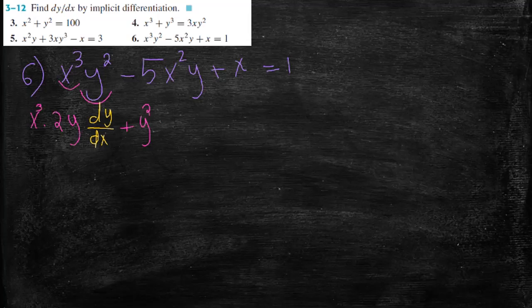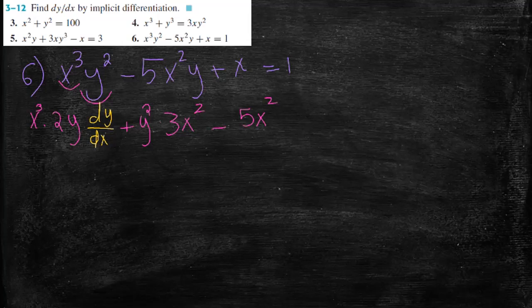What's the derivative of x cubed? It's 3x squared. Then minus 5x squared y. Also they are multiplied. So the first one, 5x squared, times the derivative of y.